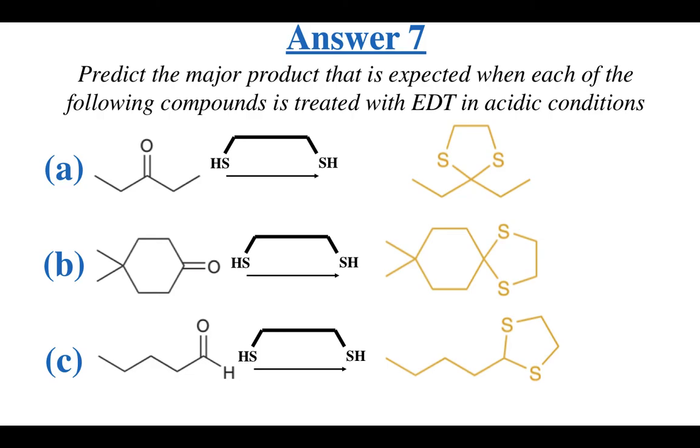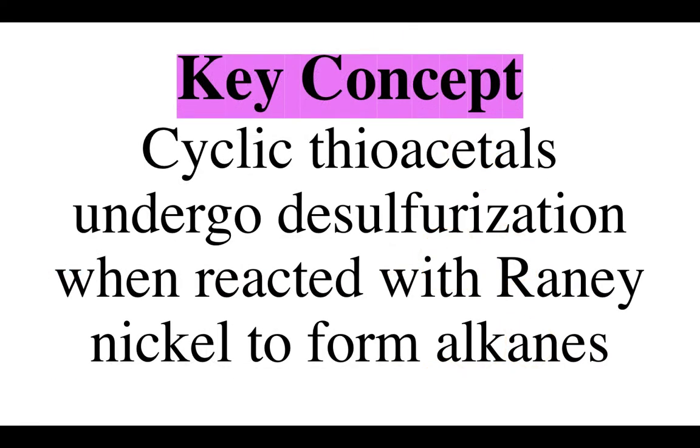All right, so why did I go through all this trouble, students? Why do I need to convert my carbonyl groups to cyclic thioacetals when I can just convert them to regular cyclic acetals? Well, students, it's that cyclic thioacetals have a very special kind of chemistry. Cyclic thioacetals, students, can undergo what is known as desulfurization.